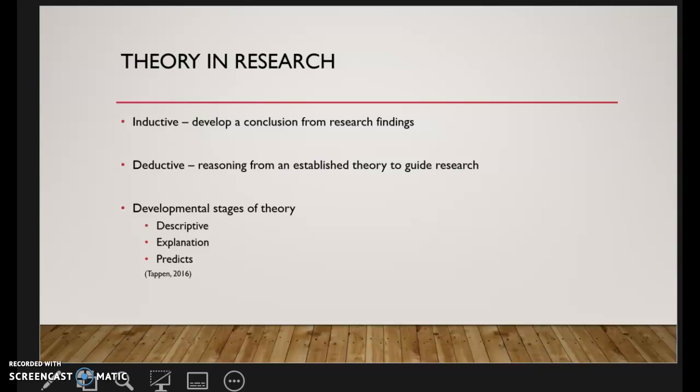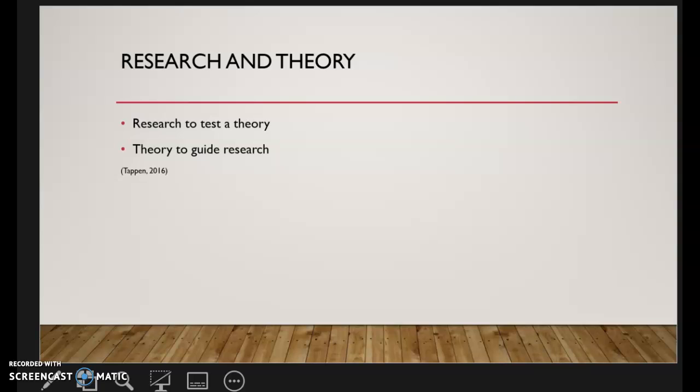Descriptive is basically looking at what is very tangible and seeable. Then it goes into explanation and predictive. So those are all factors to really dive into as you're doing your reading. So kind of key into those aspects as you're reading your Tappan text.